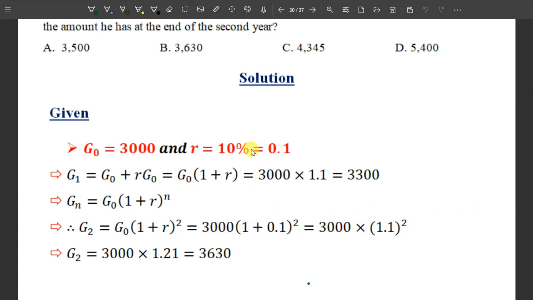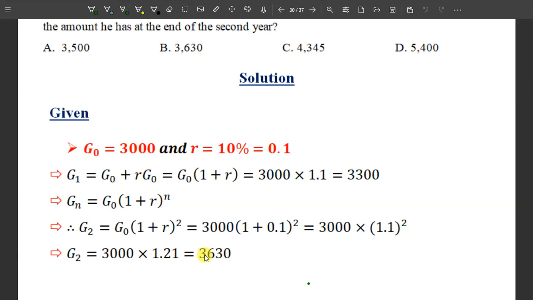Then the rate at which the bank pays the interest is 10%, and therefore multiply 3,000 by (1 plus 0.1) squared, which becomes 3,000 multiplied by 1.1 squared. 1.1 squared is 1.21, and when 1.21 is multiplied by 3,000, it becomes 3,630.